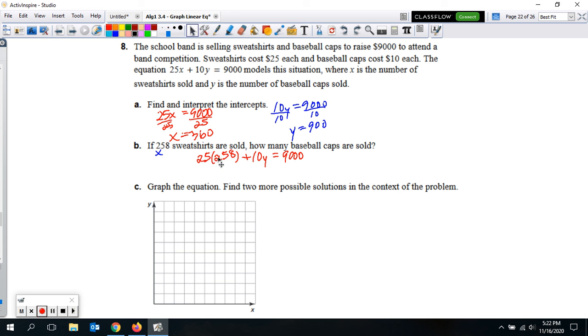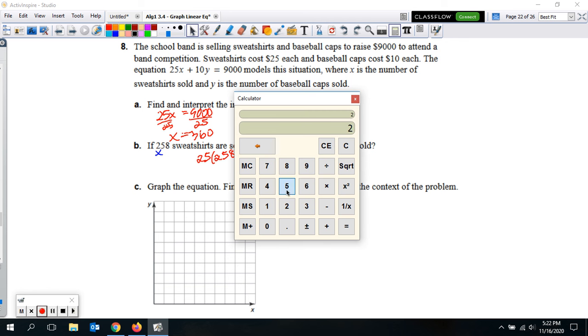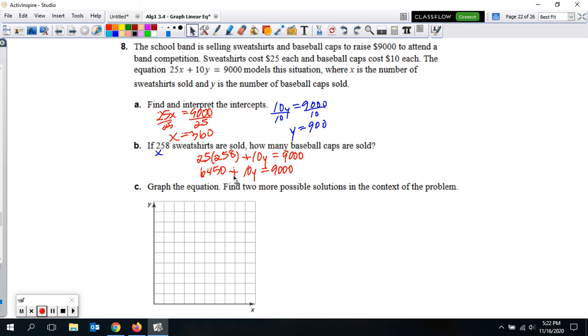We multiply 25 times 258 on a calculator, and it's equal to 6,450. So that's 6,450 plus 10y is equal to 9,000.